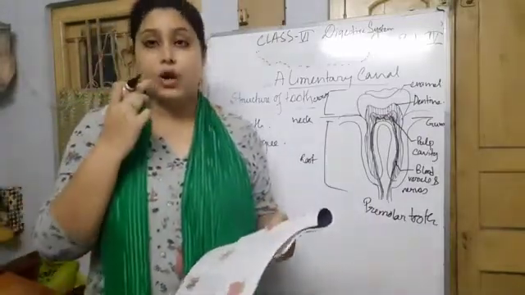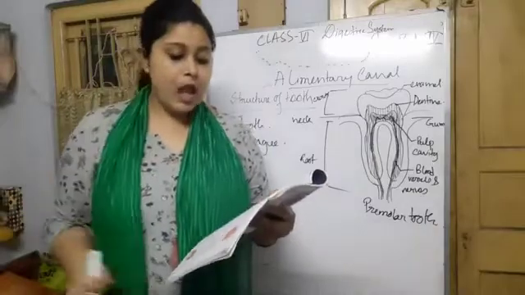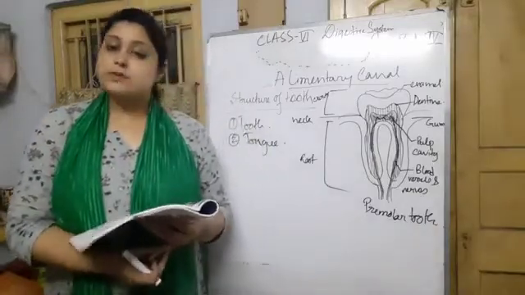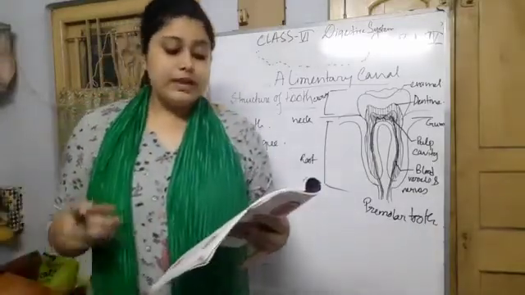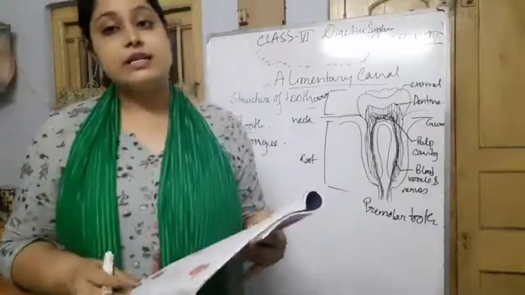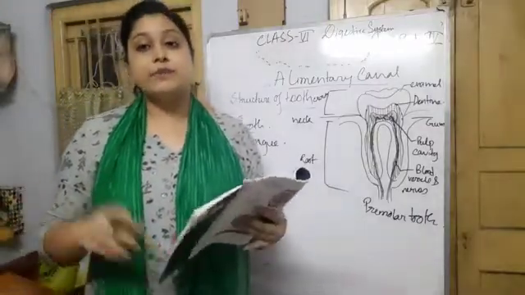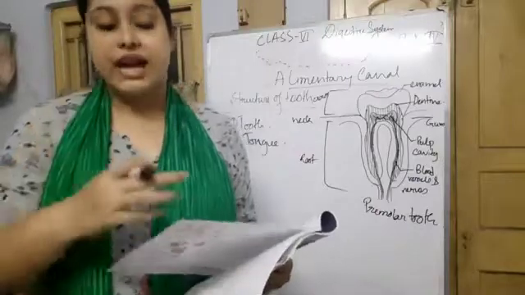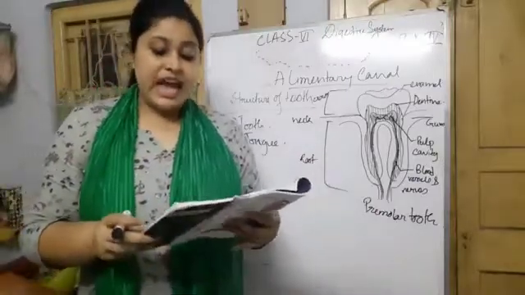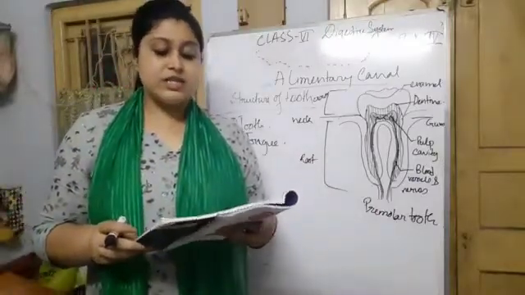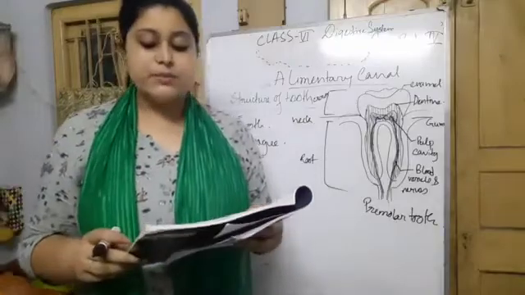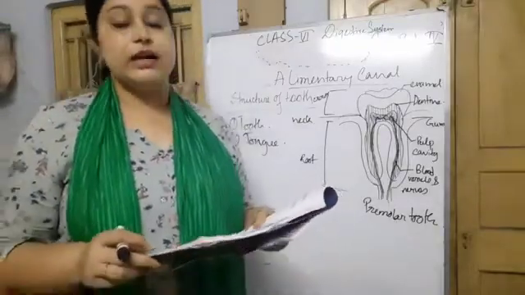It is a muscular organ covered with a mucous membrane, which keeps it moist all the time. It has taste buds and helps to distinguish taste. It also helps in moving the food in the mouth.